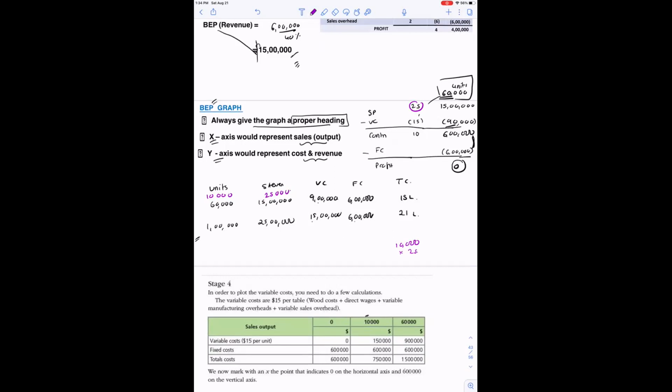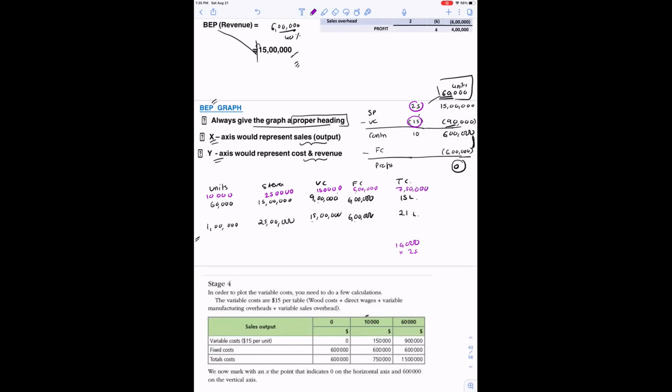Variable cost per unit would be 15, so it will become 1,50,000 variable cost. My fixed cost will be 6 lakhs. And my total cost would be how much? 1,50,000 plus 6 lakhs, 7,50,000.